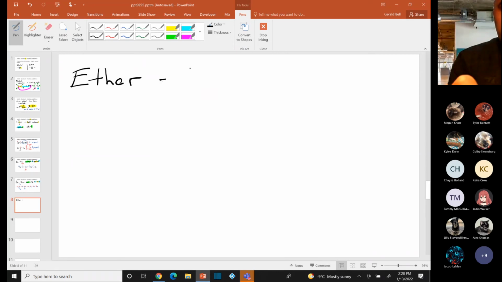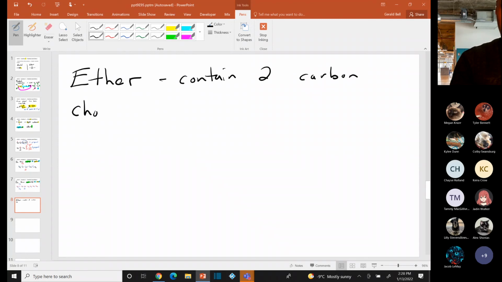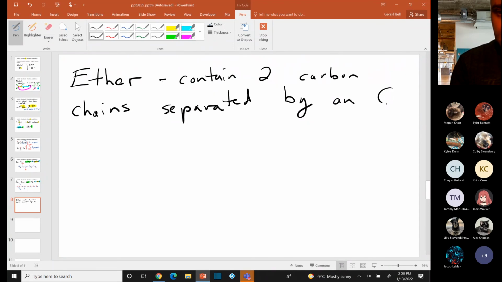So here's what they contain. I probably should have put the word contain. So they contain 2 carbon chains separated by an oxygen. So let's do some examples here.